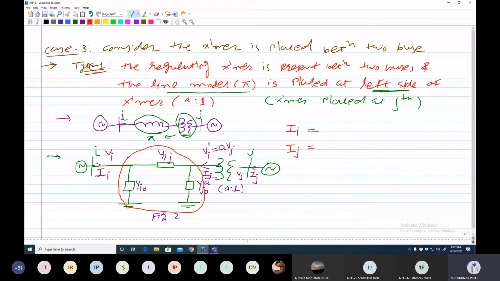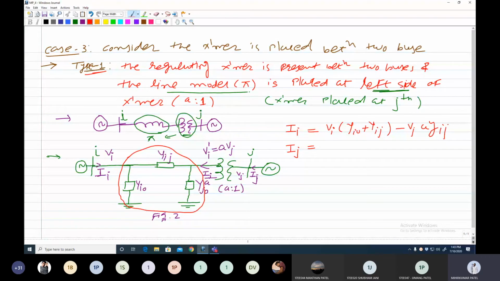Yes, Ii is equal to Vi into Yi0, very good, plus Vi minus Vj into Yij, where Y0 is the shunt admittance. Then minus A Vj into Yij, very good.